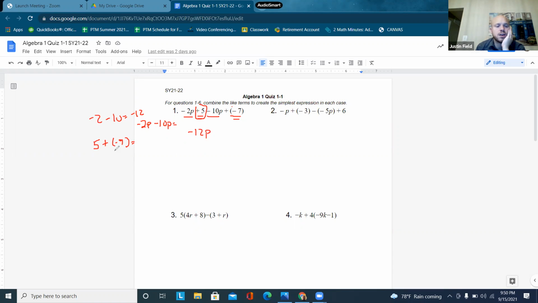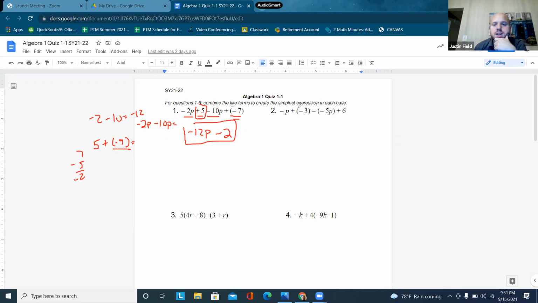When we have integers and one is negative or one is positive, we subtract those numbers and we use the bigger number's sign. The bigger number is negative 7, so that's negative 2. So know your rules of integers or ask about them in the organizer. And hopefully that makes sense to you.